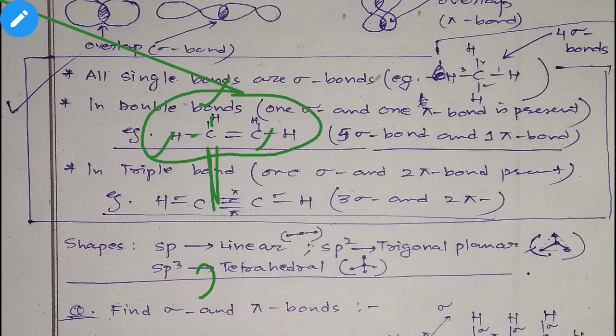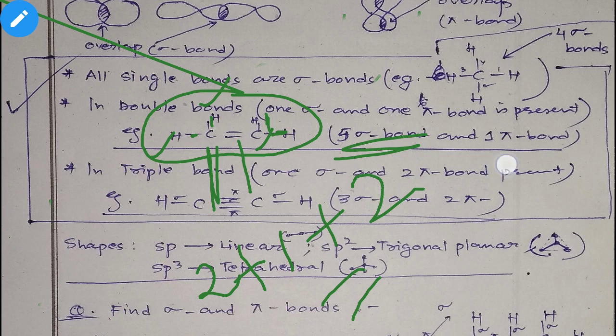Again, in the double bond, one sigma is there, so plus one. Again on this side, one sigma and one sigma, so two again. So in total how many sigma bonds are there? Five sigma bonds. And how many pi bonds? Since there is one double bond, there will be one pi bond. So in this compound there are five sigma bonds and one pi bond.